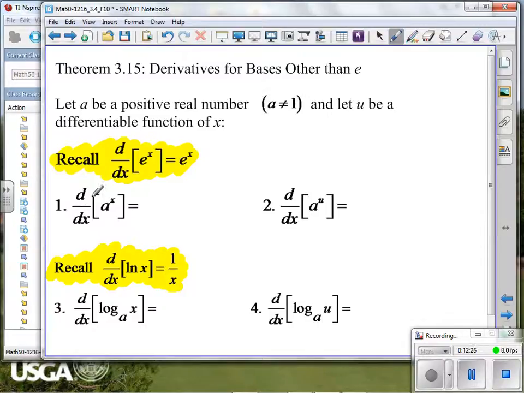Look down here, though. Same thing happening? Yeah, but the difference is this is of base e and this is of something other than base e. Now, the only rule we know is the one that has base e. That's the only thing we've been taught. That's the only base that we know for sure.